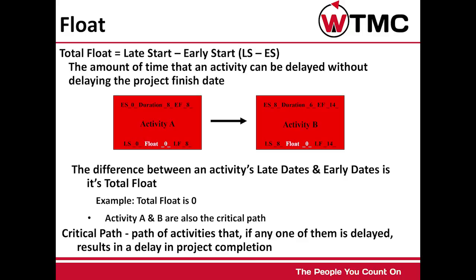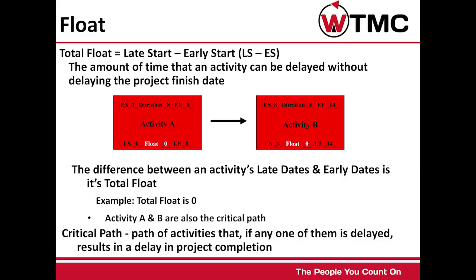Float. Total float equals late start minus early start. The amount of time that an activity can be delayed without delaying the project finish date is total float. The difference between an activity's late dates and early dates is its total float.